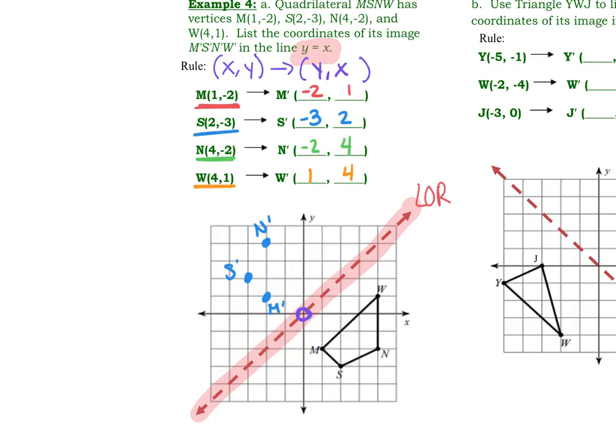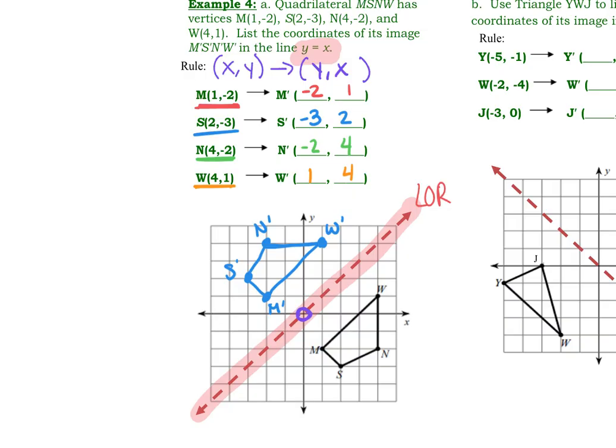And last, 1, 4, we go right 1 and then up 4. We land right there. That is our W prime. Make sure we're connecting our dots in the appropriate order. Then when we sit back and look at it, we should see it's a perfect reflection of the first image over the line.